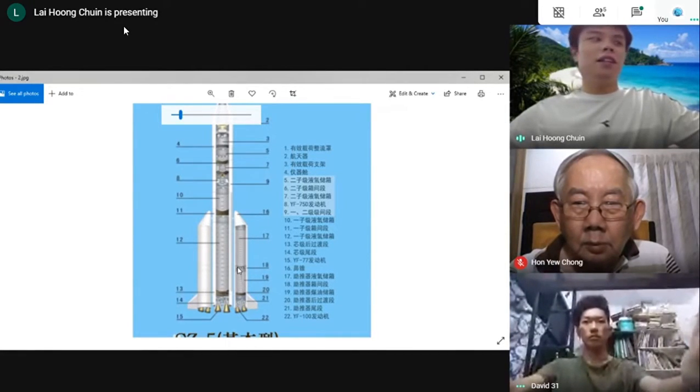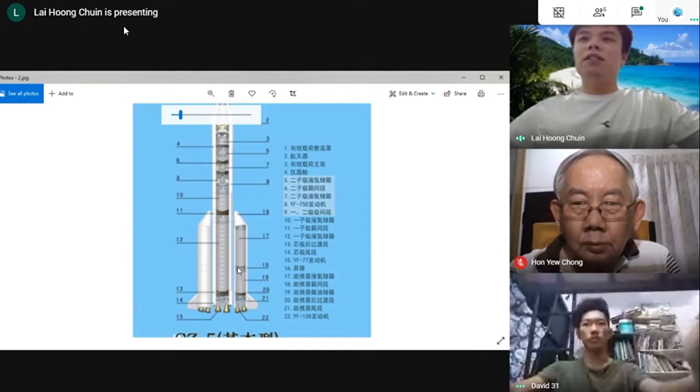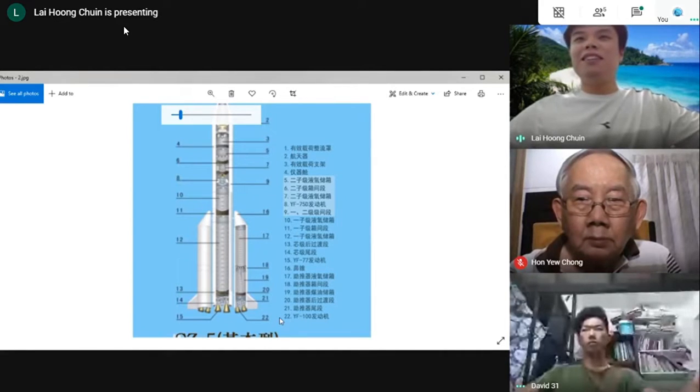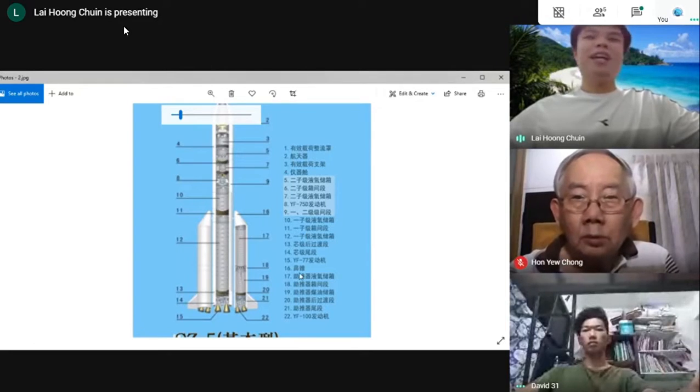And for this rocket, I think in the previous session on the Mars mission, when we talked about the Tianwen, we already gave some detailed explanation about the rocket, so I will go through briefly. This is a clean and green rocket and also powerful. Why is it clean and green?